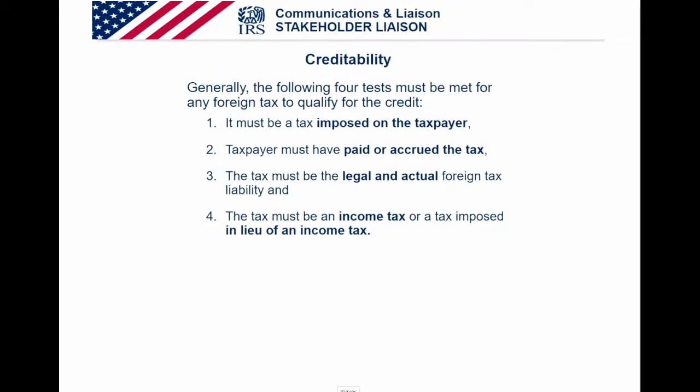This means the tax is not voluntary and there is no special economic benefit provided in return for that payment. An economic benefit is where the taxpayer receives or will receive in exchange for that payment goods, property, or services. And this would not be an income tax in this instance.